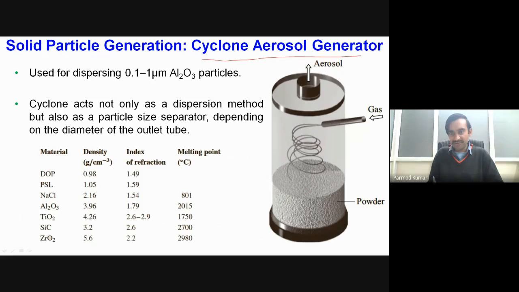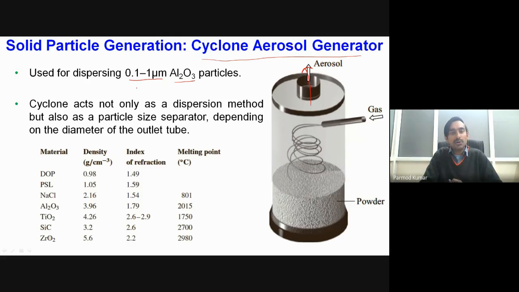In this, we have the solid particles, and we allow some gas to enter tangentially inside the cyclone. While the gas has a spiral motion, it carries particles along with it, and some of the particles move through the outlet, suspended in our gas. This arrangement is useful for producing particles in the range of 0.1 to 1 micrometer. Generally Al2O3 particles are used with this arrangement.